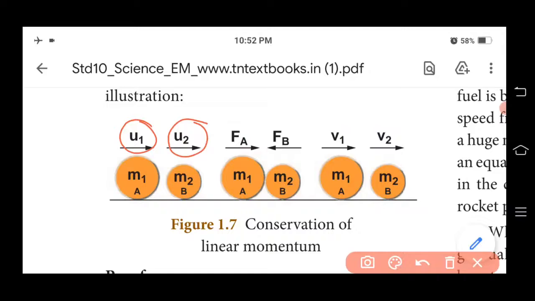Let the velocity of the first body be higher than the velocity of the second body. Here the first body is m1 and the second body is m2, so m1 has greater velocity than m2. During an interval of time t seconds, they collide. So both m1 and m2 collide with each other.